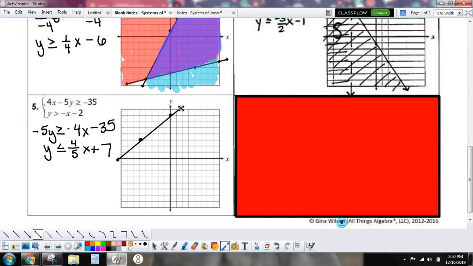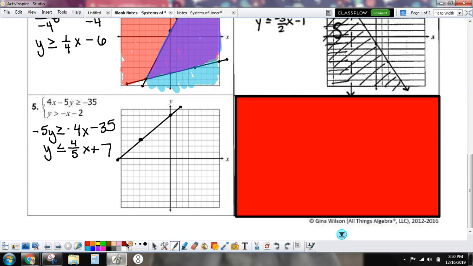Okay, so I've got my first line. And it's everything less. So I'm going to go ahead and shade everything less than. Anything that falls in this region is what we're looking at for this first equation I graphed.